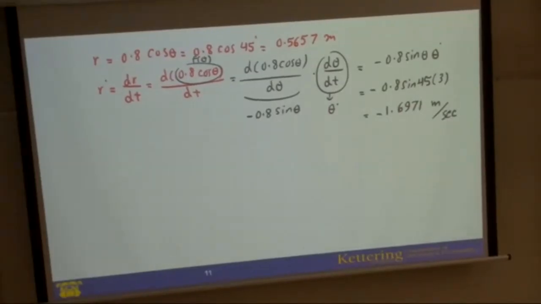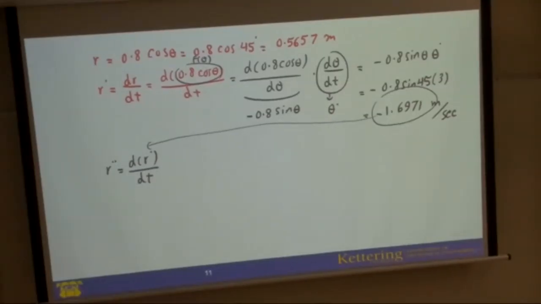Then R double dot will be the derivative of R dot with respect to time. I saw a few students who plugged the final value into this and took the derivative. This is not correct.